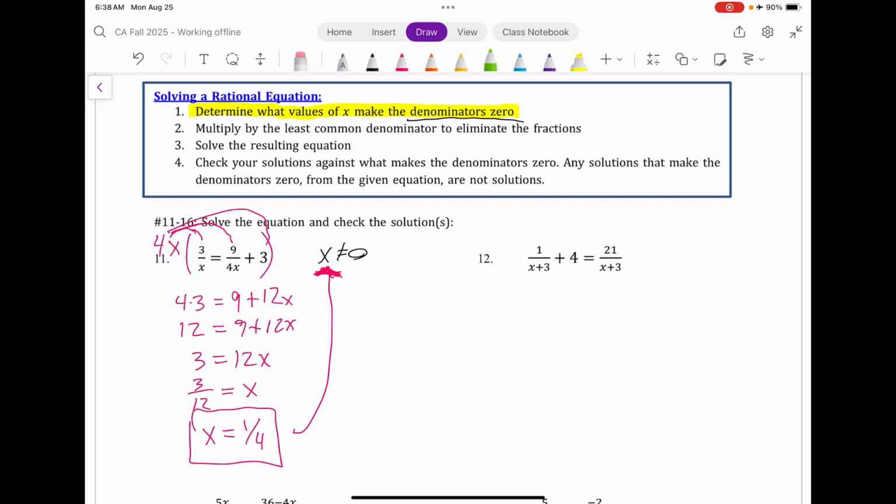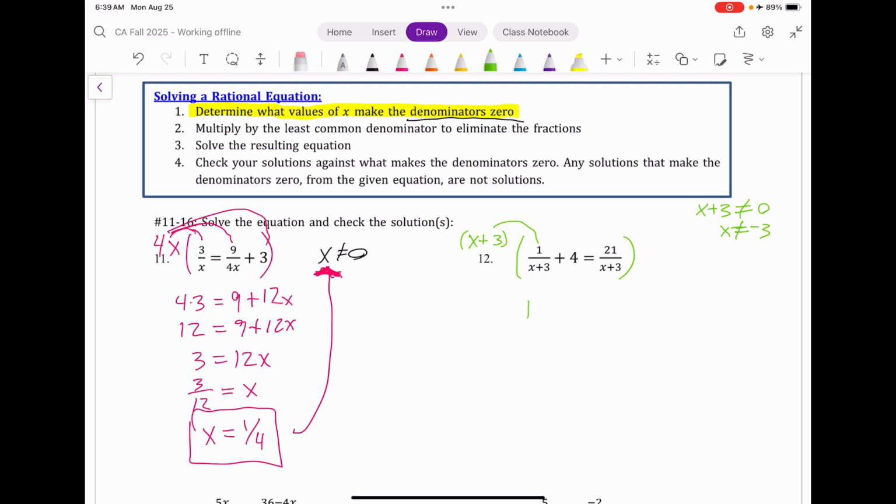All right, let's look at 12. So we're looking at the denominators first, and we see the x plus 3. So x plus 3 cannot equal 0, right? So if you subtract 3 from both sides, we establish x cannot equal negative 3. So that's our restriction. Okay, so we're going to start solving. So we'll multiply everything by x plus 3. Okay, so we multiply the first fraction.